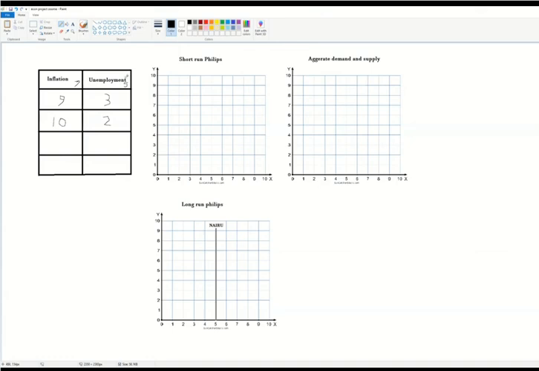If unemployment went up, for example, let's say unemployment went up to 7%, inflation would go down to 5%. So the main point here is that for the short run Phillips curve, inflation and unemployment are inversely related. As one goes down, the other goes up, and vice versa.